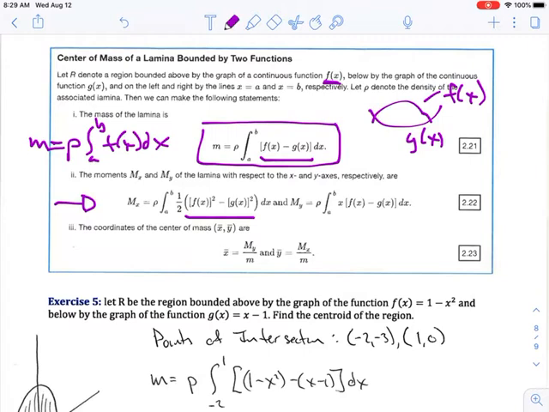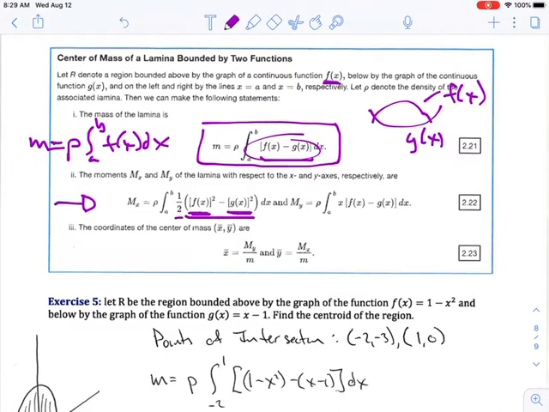A common mistake here is, rather than squaring f of x and squaring g of x and subtracting them, which is what you're supposed to do, sometimes people will accidentally take f of x minus g of x and then square it. No. You square the function first, then subtract them, times 1/2.